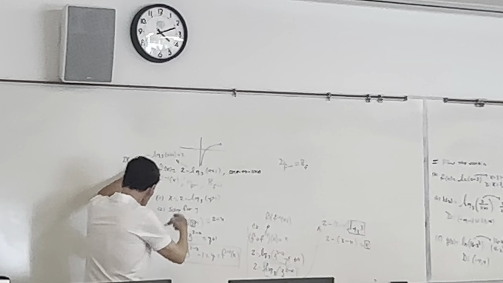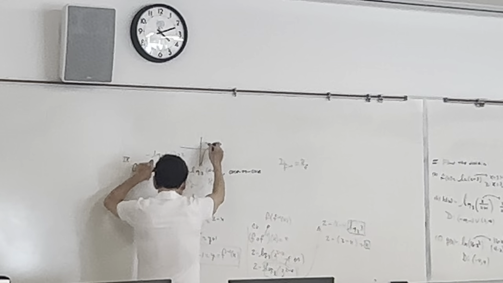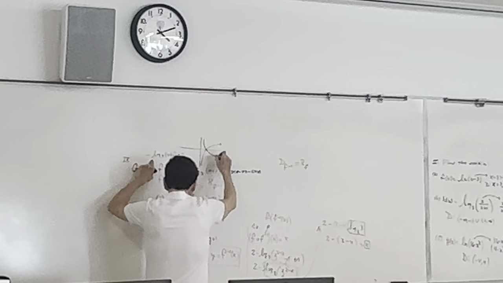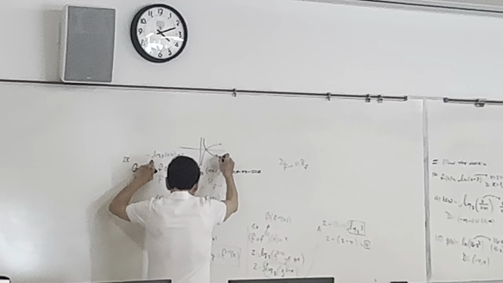Okay, reflect that parent graph through the x-axis, you get this. Real quickly. Shift it over 1 to the left. Over here at negative 1, it's going to be my asymptote. And my point's going to be here, and it looks like that.